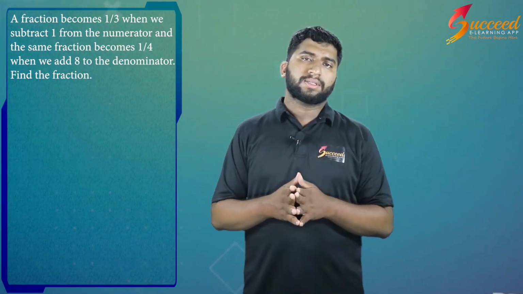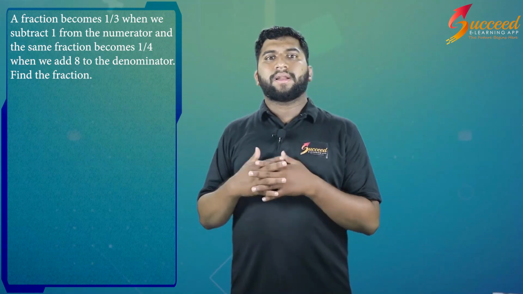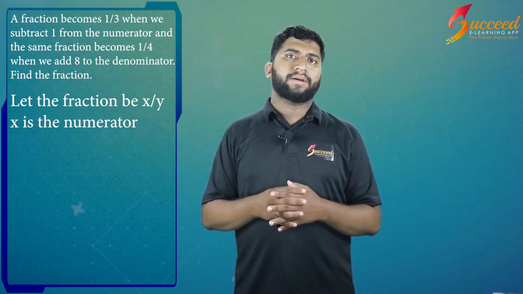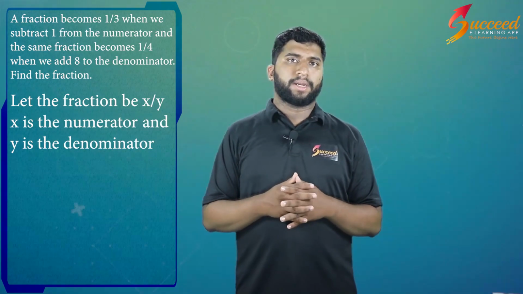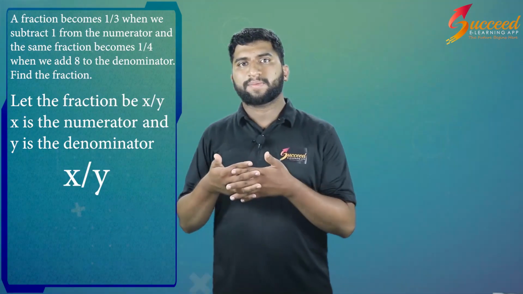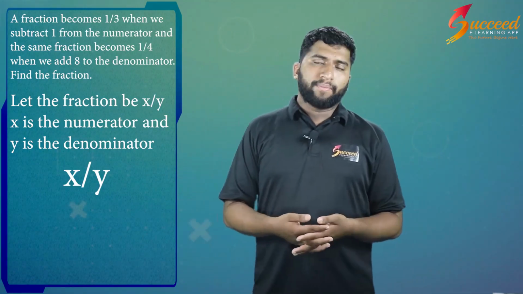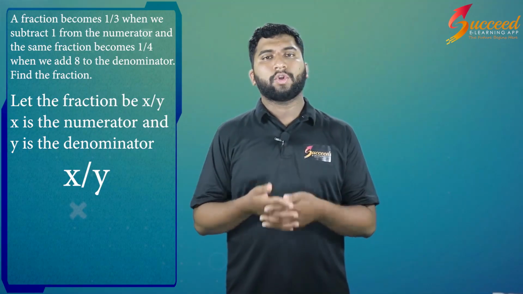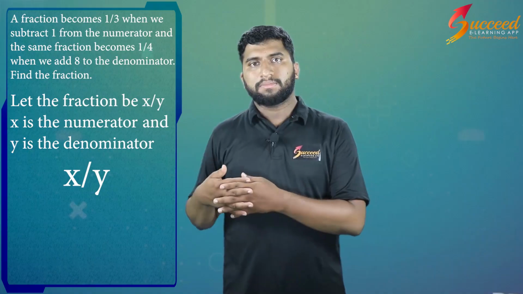So what we shall do is, we shall consider, let the fraction be x by y. So here x is our numerator and y is our denominator. So our fraction is x by y. Now, according to our question, if I have to subtract 1 from the numerator, our fraction becomes 1 by 3.